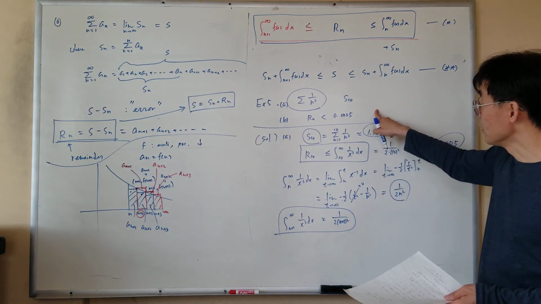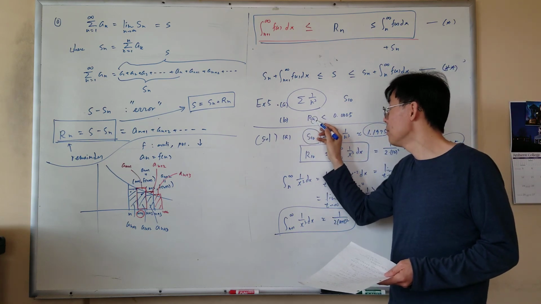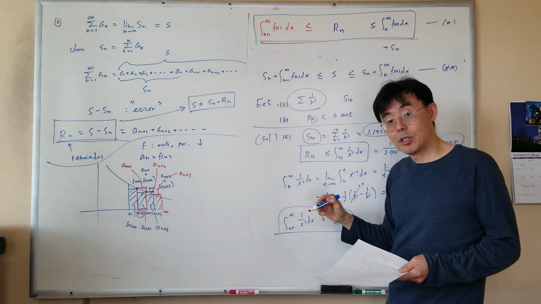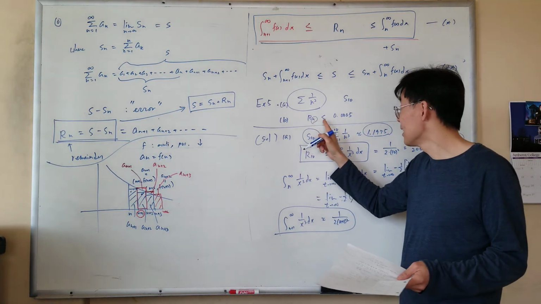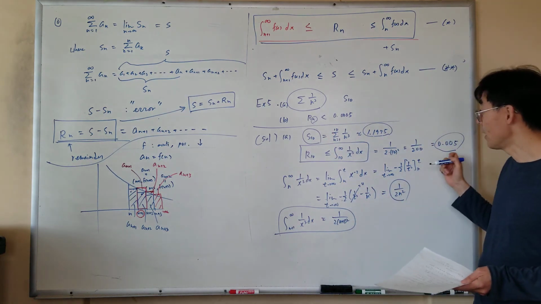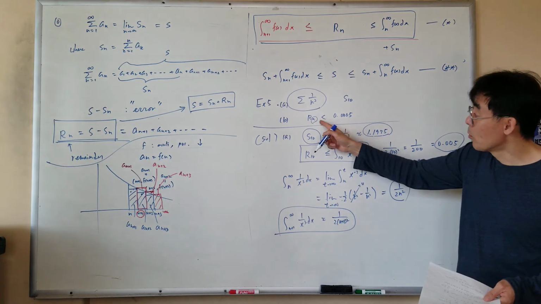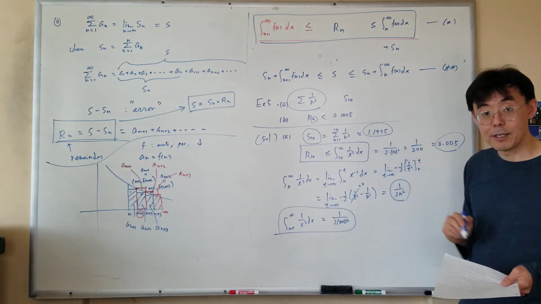Now, part B. We have to find the minimum value of n such that the maximum possible remainder is less than 0.0005 rather than 0.005. How many more terms do we have to add to get a smaller error, right?